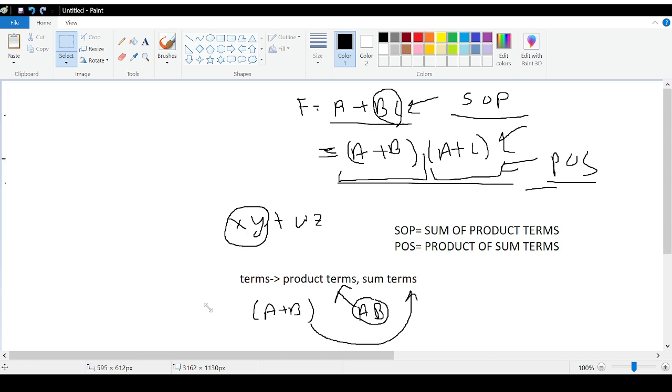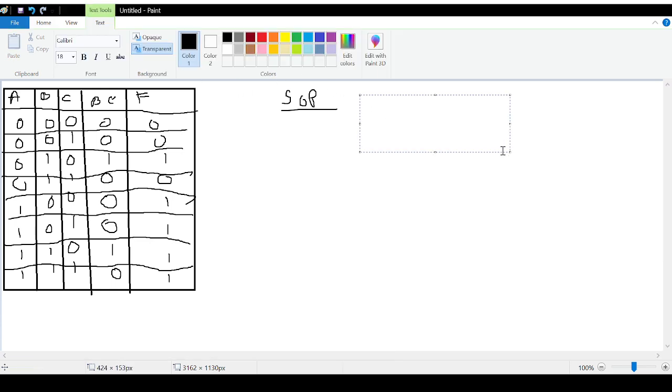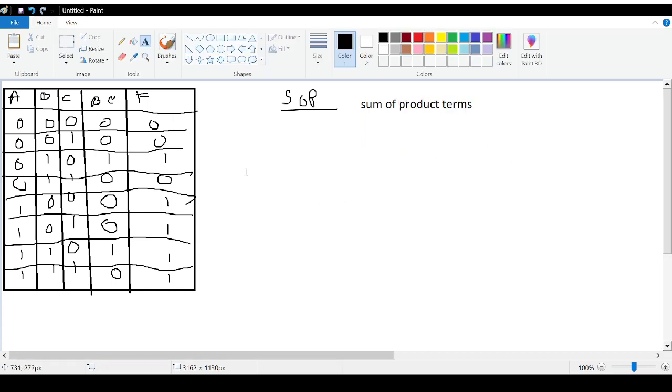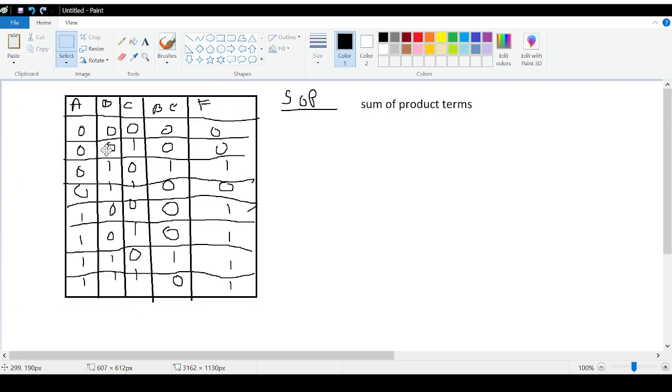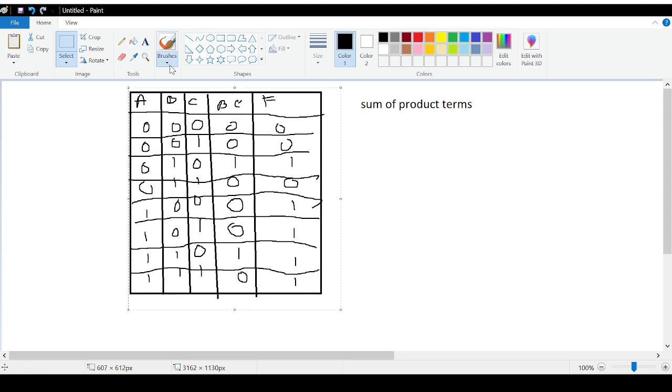Remember, SOP is sum of product terms. So we're going to use SOP to find the equation.